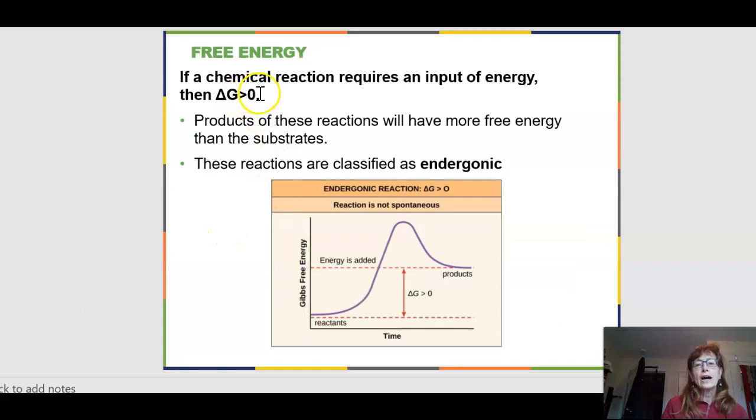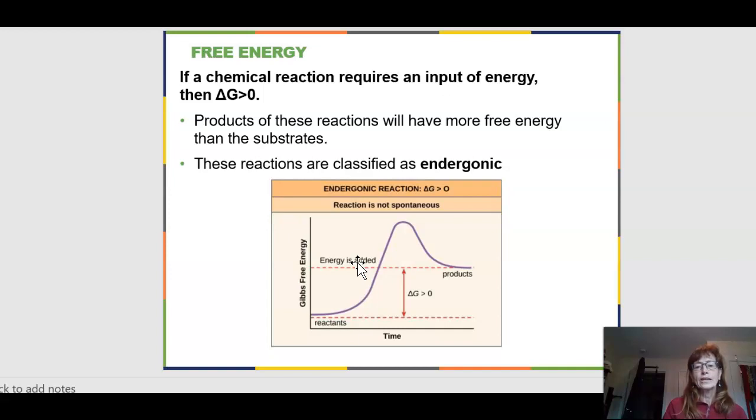So let's take the opposite situation. Let's say we have a chemical reaction in the body, and the reactants themselves have a lower free energy available to them than the products will at the end of the reaction. In order to get these reactants to form these products, we need to add energy in. So this is not a spontaneous reaction.